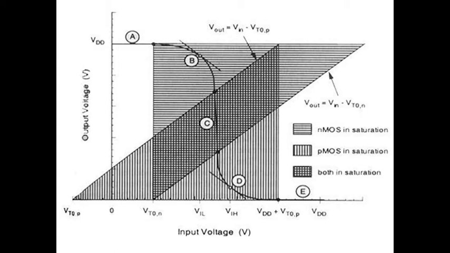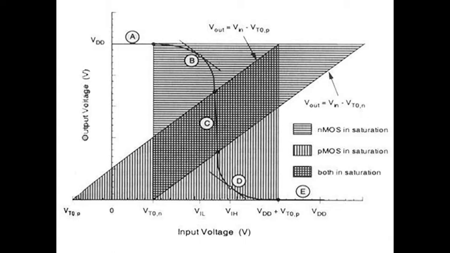In region E, the other transistor is in on state. But in regions B, C, and D, both the transistors remain in on state, because in region B, one transistor is in linear and the other in saturation. In region D, one transistor is in saturation and the other in linear, and in region C, both transistors remain in saturation.